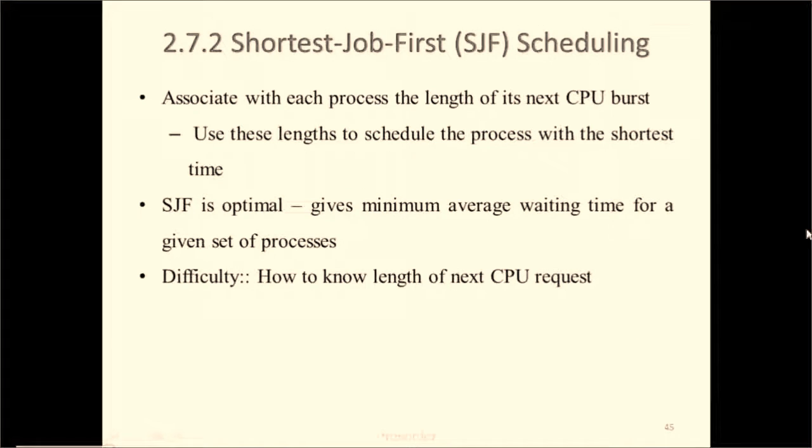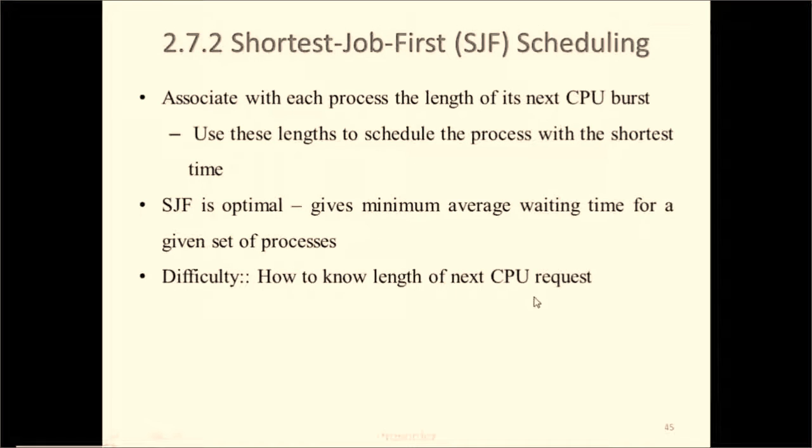Associate with each process the length of its next CPU burst. Use these lengths to schedule the process with the shortest time. This SJF algorithm is optimal, that means it gives the best, minimum average waiting time for a given set of processes.